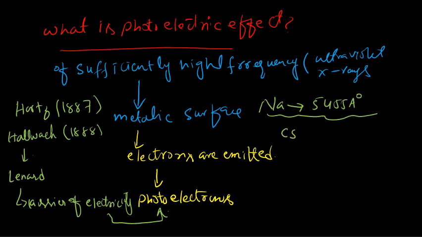Similarly, cesium metal can produce the photoelectric effect with a wavelength of 6,438 angstrom. So only light of specific frequency and wavelength is necessary to observe the photoelectric effect. Now we go to the experimental setup.